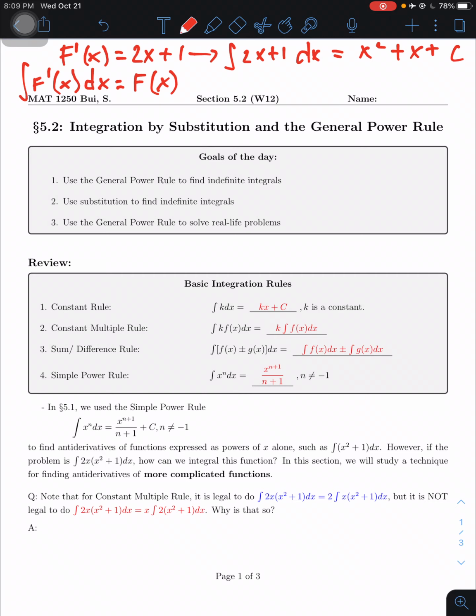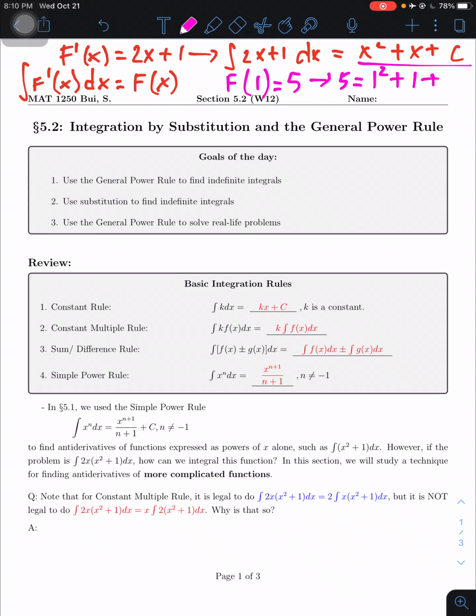Okay, and then on top of that, I put in pink in the last section an initial condition. Something like if F of 1 equals, I don't know, 5, then you have to give me a particular solution, right? How do we do it? We set all of this equal to 5, and then plug in 1 wherever we have x.